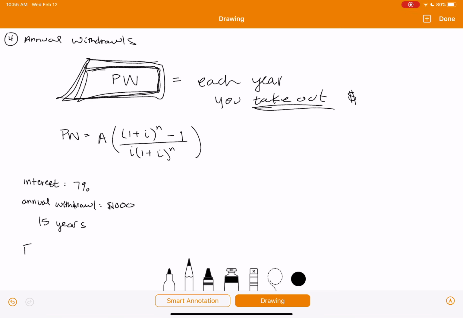We want to find how much money was in the account to begin with. So that present worth. So again, we're going to have present worth as being equal to our annual withdrawal times 1 plus our interest, again in decimal form, raised to the number of years, minus 1 all over our interest times 1 plus our interest raised to the number of years.